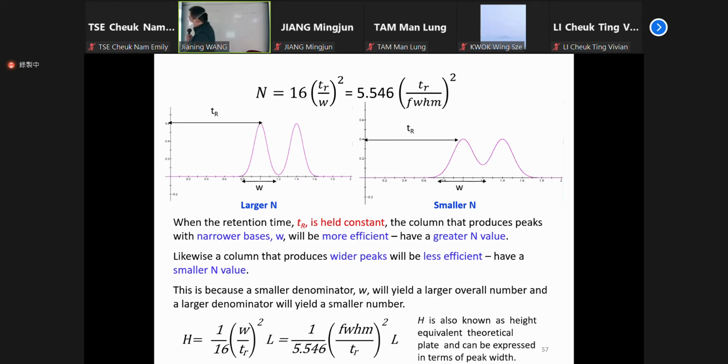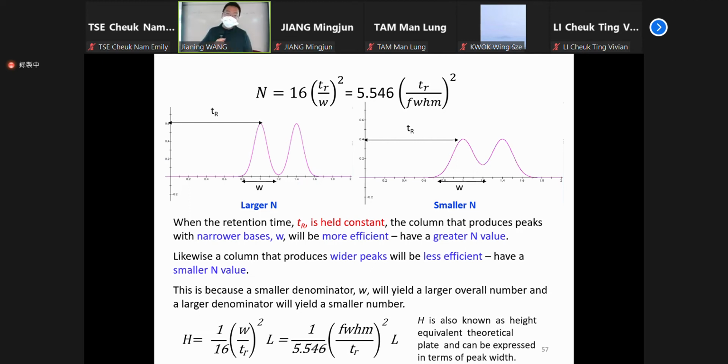This is an imaginary concept, but because we already defined it, this concept can describe chromatography, even though the separation process is continuous.